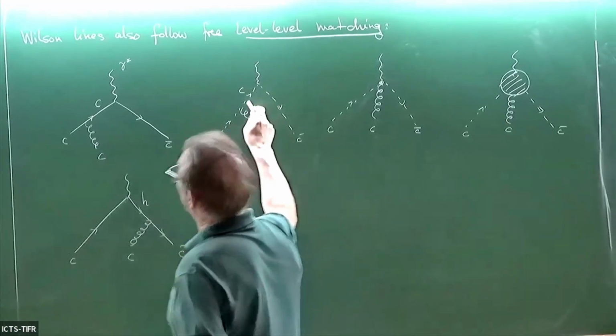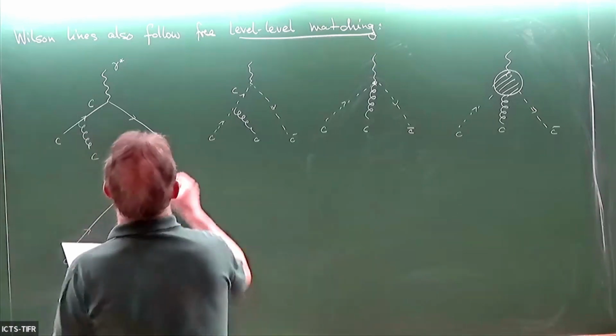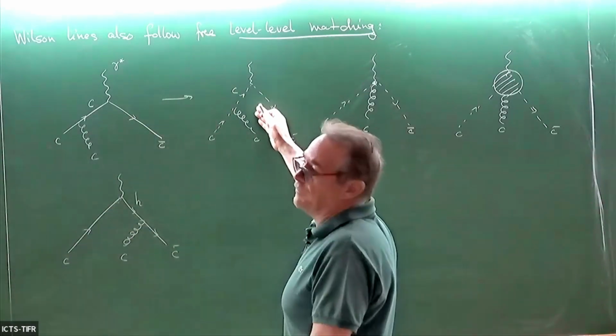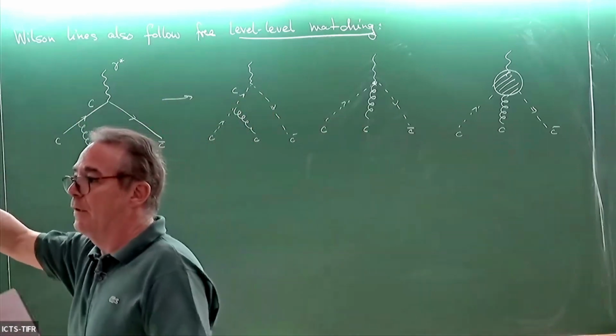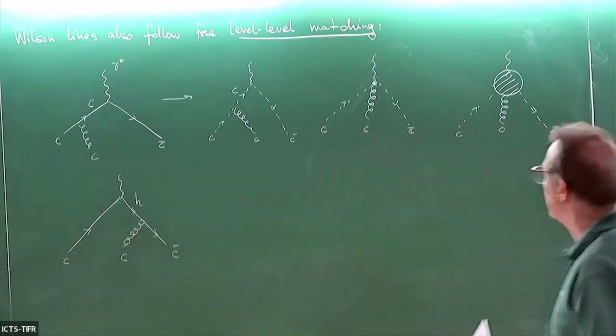And this is just my Lagrangian, which describes how collinear gluons interact with collinear quarks. So from here to here, it's tree-level matching of the trivial type. I have this diagram in the full theory, I have the corresponding diagram in the effective theory, and they will be the same when I evaluate them up to maybe higher powers in lambda. But actually here, they will even be the same.